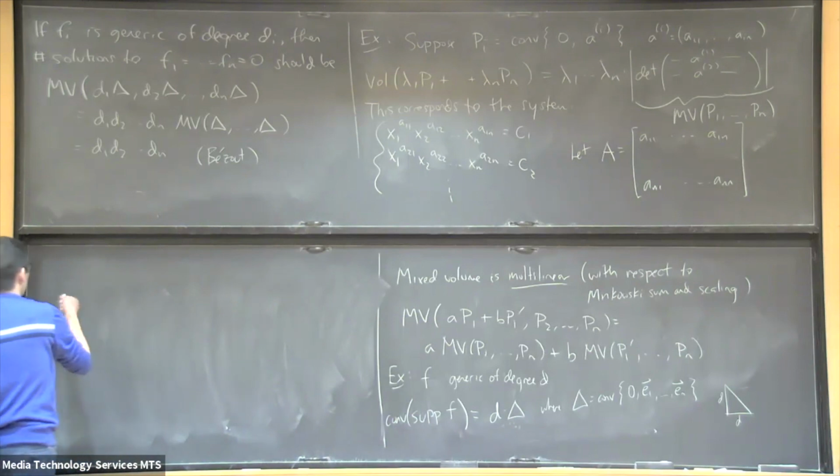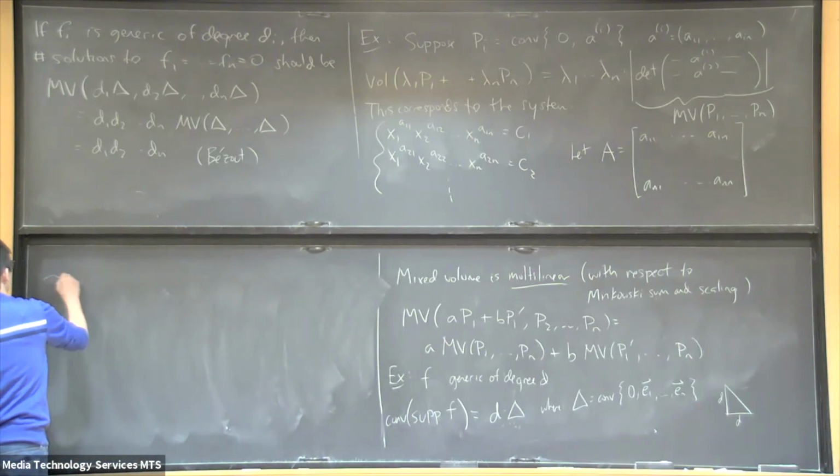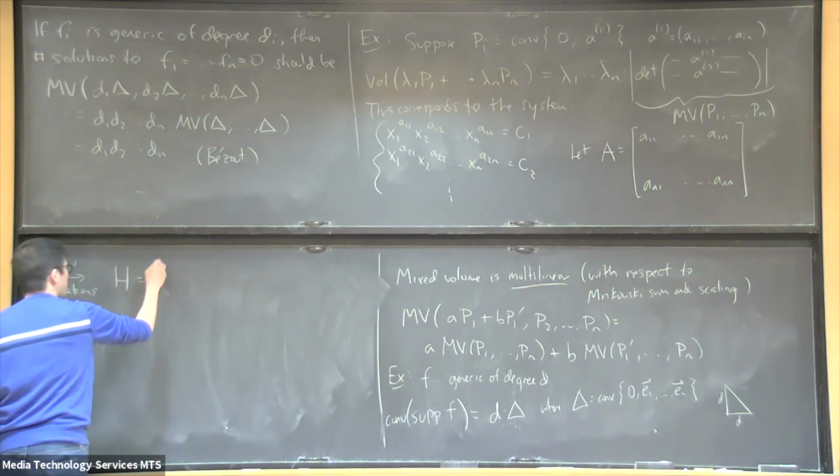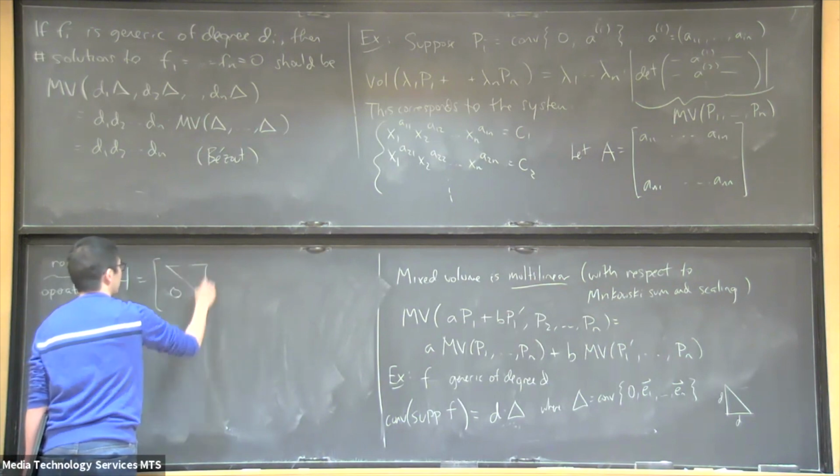So we can turn A using row operations into some, again, integer matrix H, which is now upper triangular.